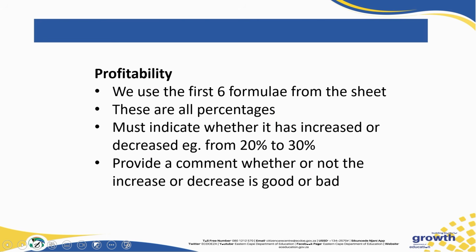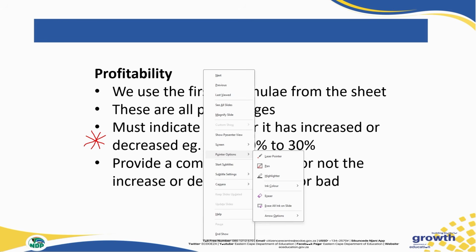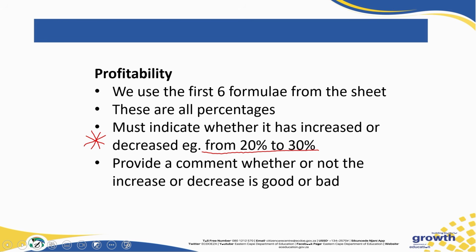Right, now I'd like to explain a few things. Firstly, when it comes to profitability, as said earlier, we use the first 6 formulae from the formula sheet. These are all percentages, and you must indicate whether something has increased or decreased. So very importantly here, you must say it has increased from 20% to 30%.